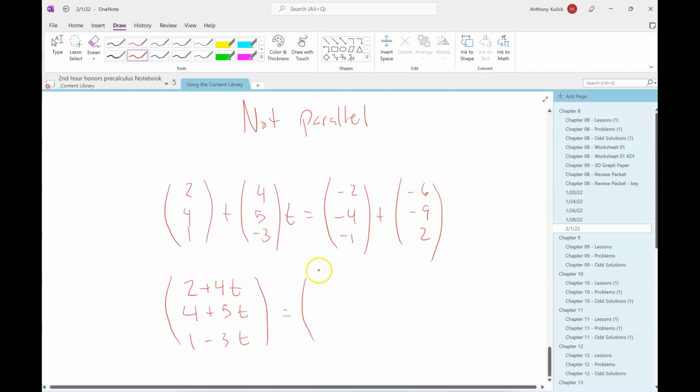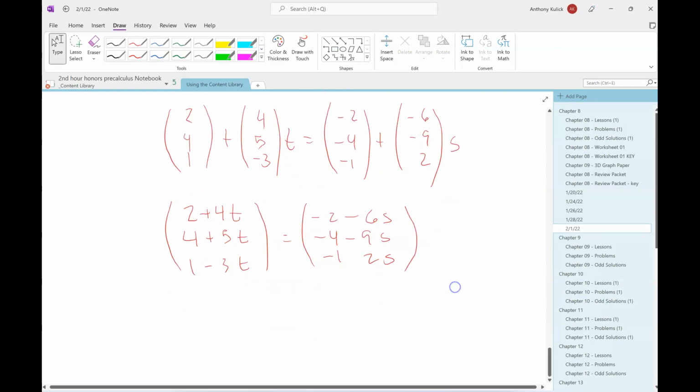So I start by just doing the vector operations to turn this into one vector. Oops, forgot my s on each side. So I'll turn this now into a system, just like we did before.